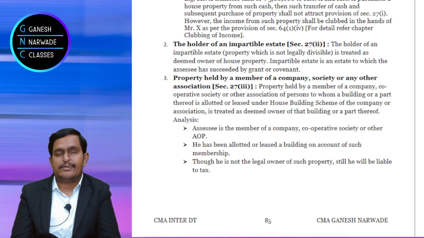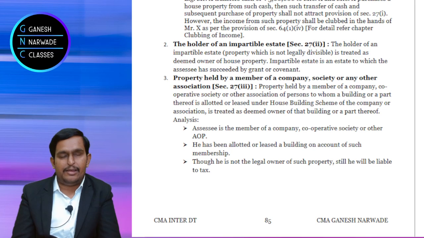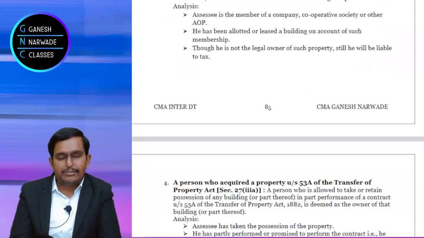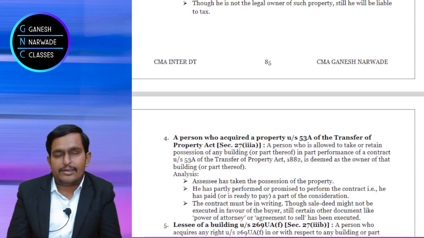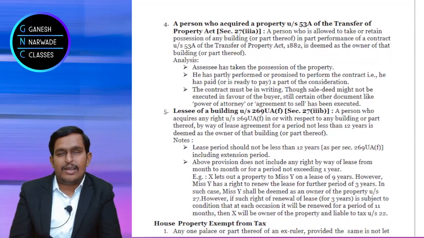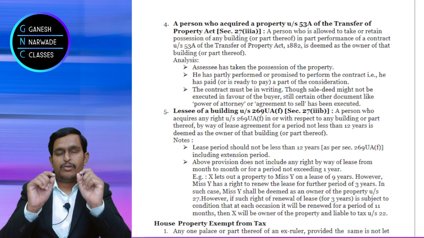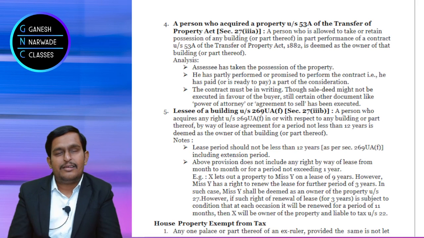Now come to section 27 clause 3a. Suppose I sold the property to Chhagan Lal. Chhagan Lal paid me all the money. I gave the property possession to Chhagan Lal, but the registration is not done.